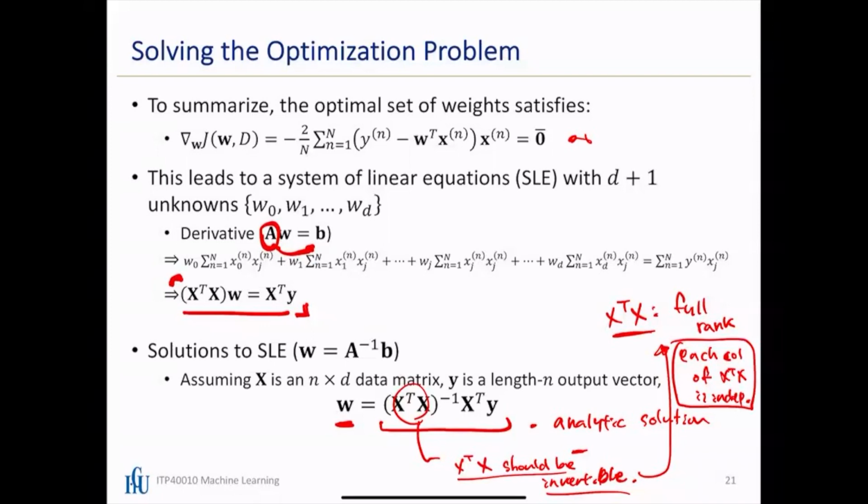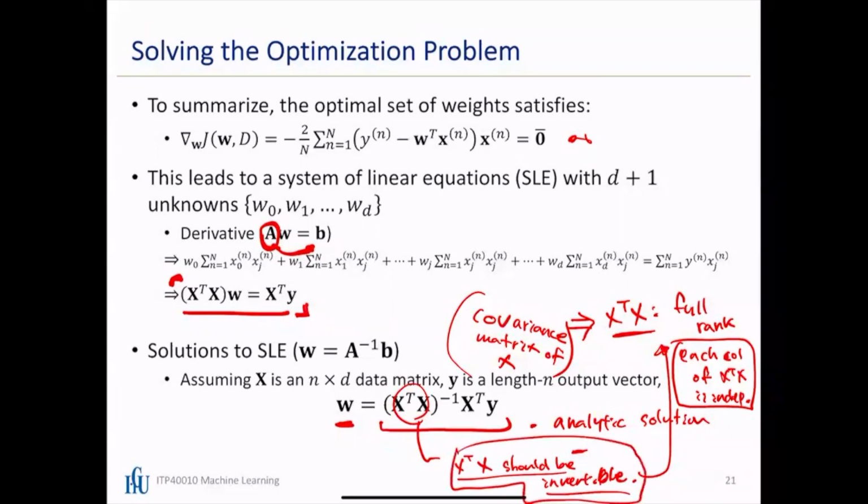Each column of X transpose X is independent. On the other hand, this X transpose X is called the covariance matrix of X.